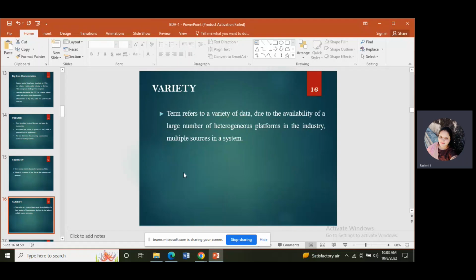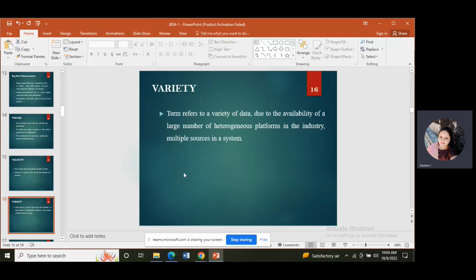This variety of data is due to the availability of a large number of heterogeneous platforms in the industry, with multiple sources in a system. Now in technology there are several forms, based on digital or entertainment. If we consider entertainment, the data generated is a different type from business.